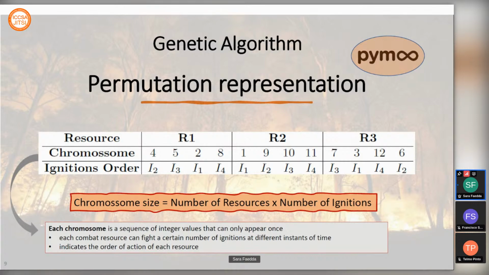So this is the chromosome size, and the chromosome size is the number of resources times the number of ignitions, and the chromosome gives us the ignitions order. So each chromosome is a sequence of integer values that can only appear once, and this indicates the order of action of each resource. So resource 1 will be assigned to ignition 2, resource 2 to ignition 1, and resource 3 to ignition 3 at the first instant of time, and so on.